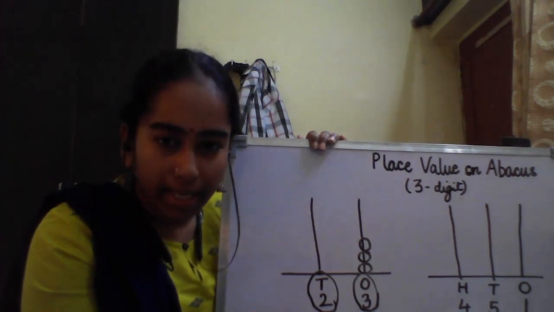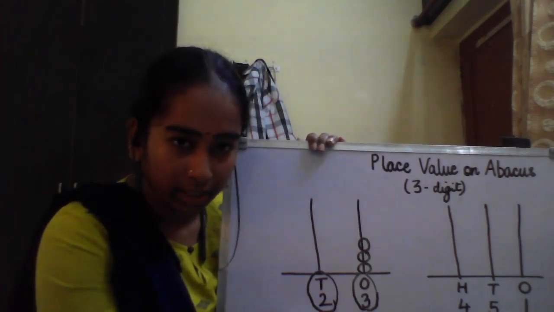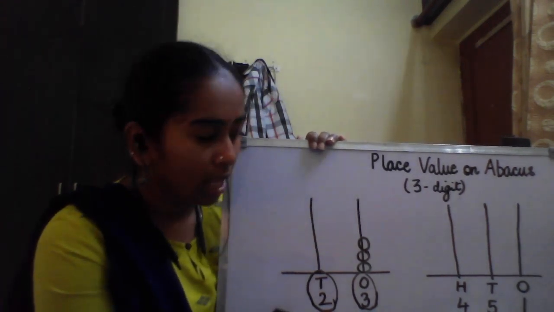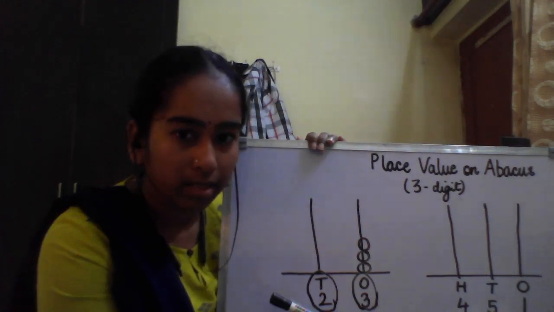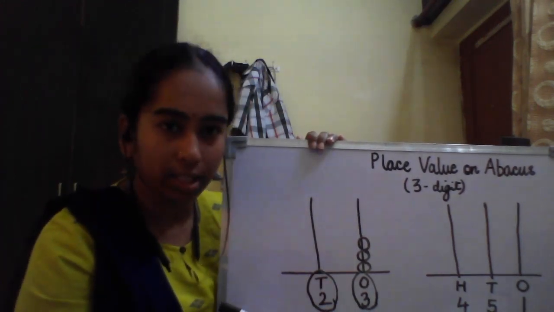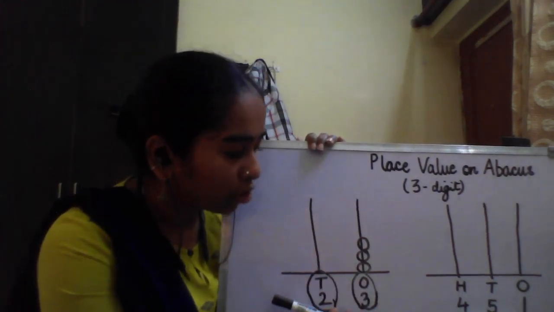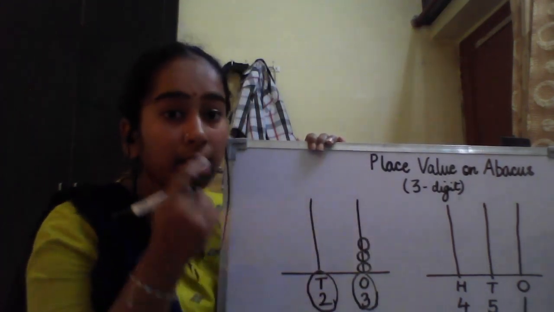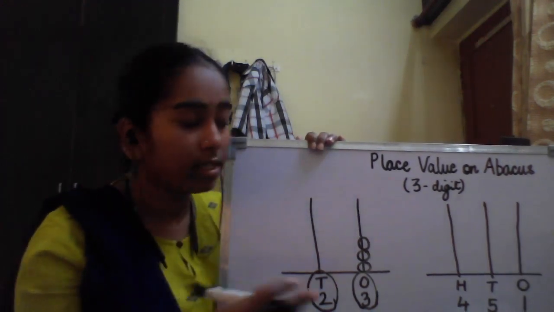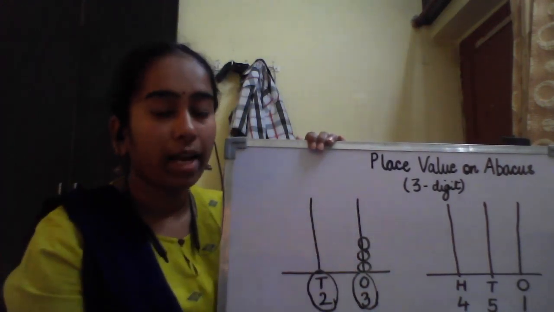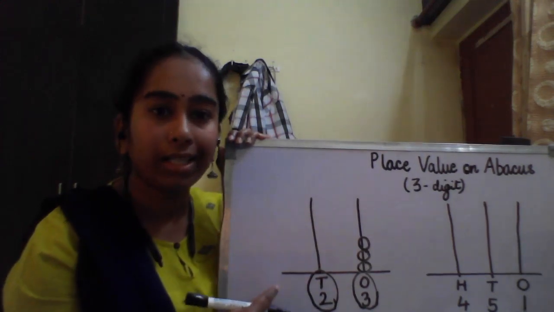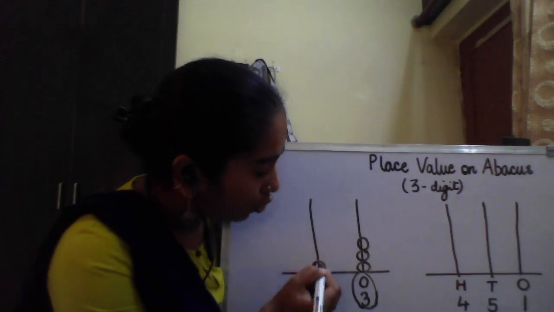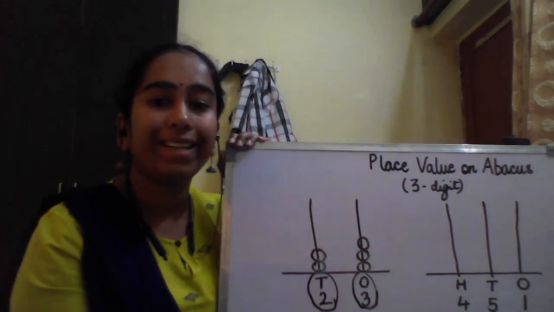We are representing number 23 on our abacus. In number 23, 3 is in the ones place and 2 is in the tens place. So we will draw 3 beads in the ones place. And what do I have to draw in the tens place? I will draw 2 beads in the tens place.